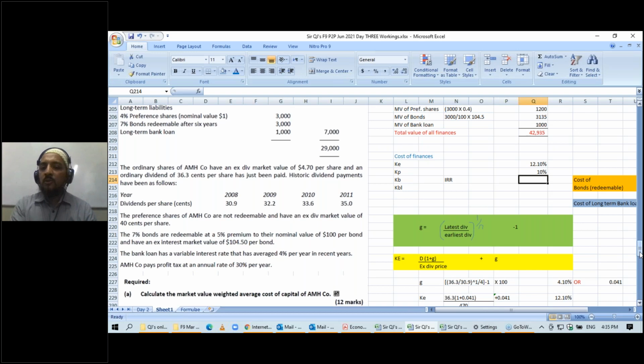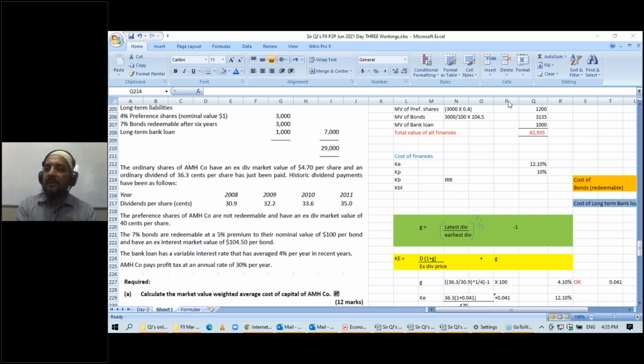Okay, now cost of the bond. If the bonds are redeemable, like in 5 years time, 4 years time, in that case you have to calculate the IRR of the bond. If irredeemable, the interest into 1 minus tax divided by market value, like preference shares.